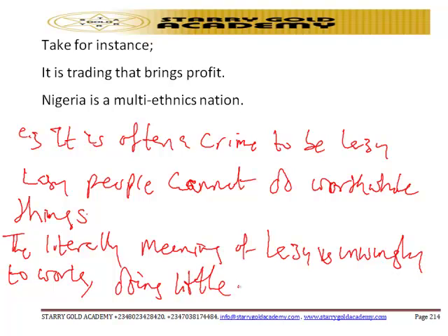That is the meaning of laziness. That is the dictionary meaning of laziness, by the Advanced Learner's Dictionary. You can check it to confirm. So, when we are talking about denotation, we mean the dictionary meaning of that word.